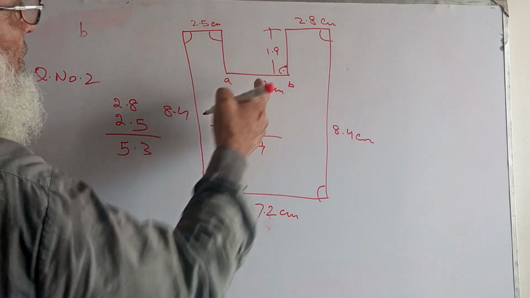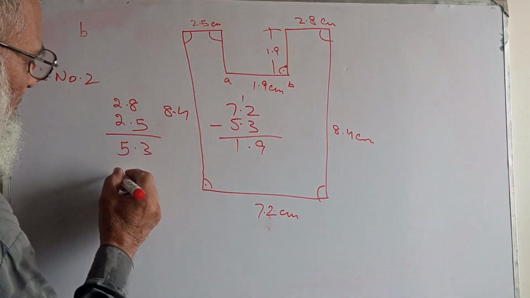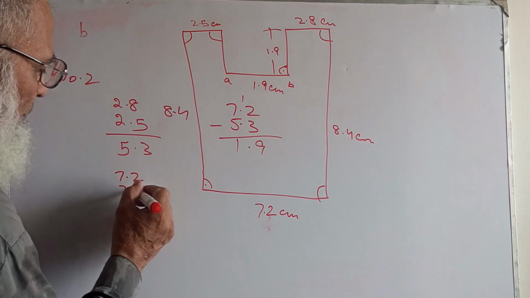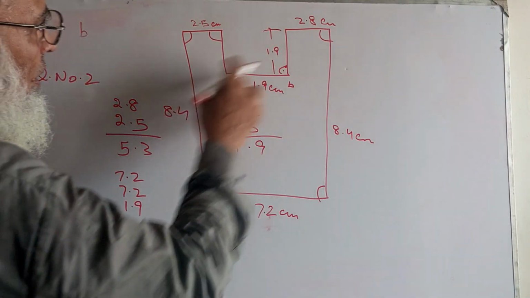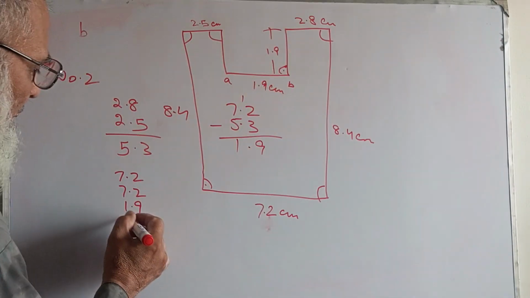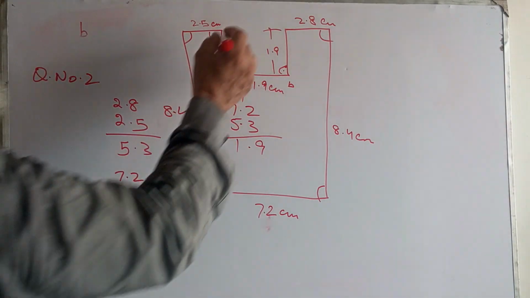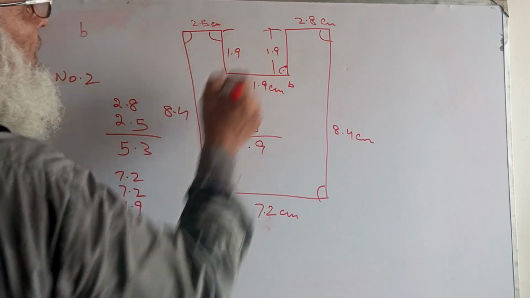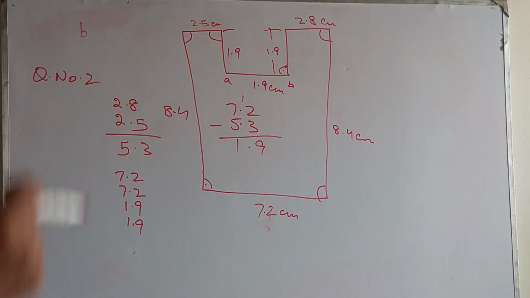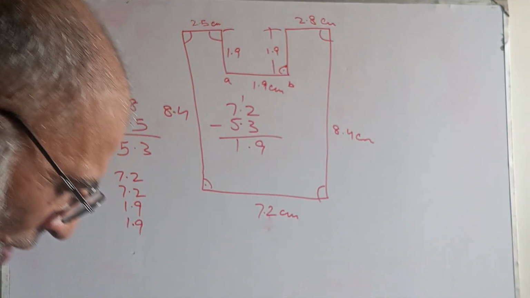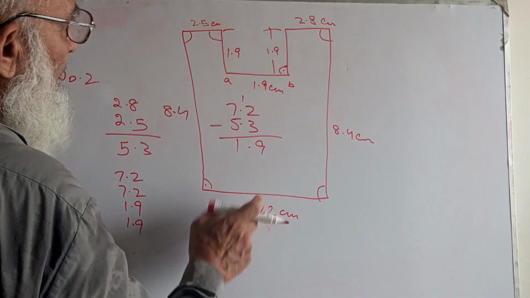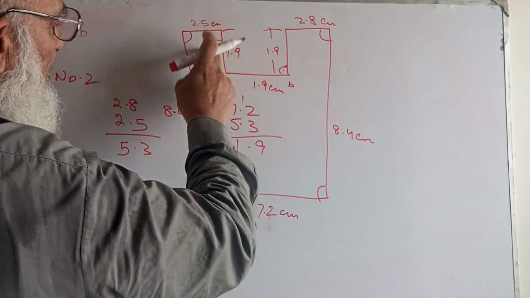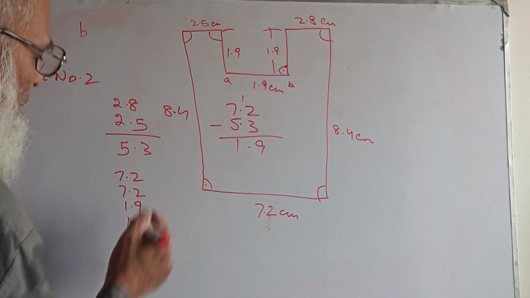So this is 7.2, 7.2, 7.2, 7.2, 1.9, this is depth, and 1.9 again, 8.4, 8.4.